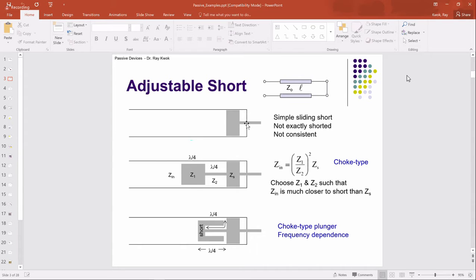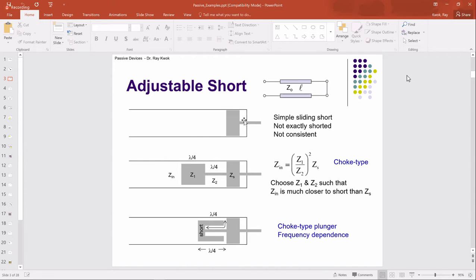That would pretty much do the job. Yes, but that's a problem because how well can you ground this to the wall? If it's grounded really well, that means you cannot move the end. If it's not grounded well, then it won't work. This is high frequency you're talking about.